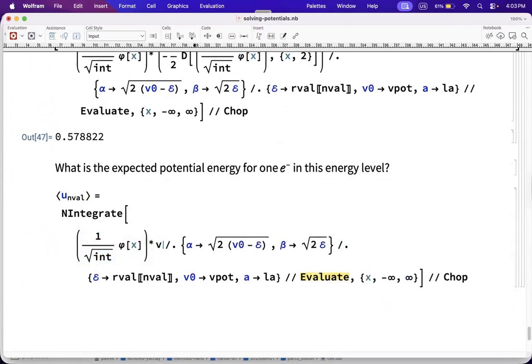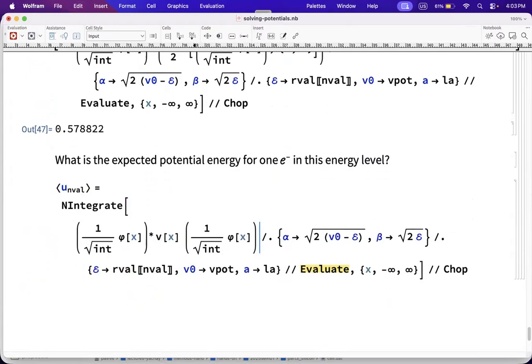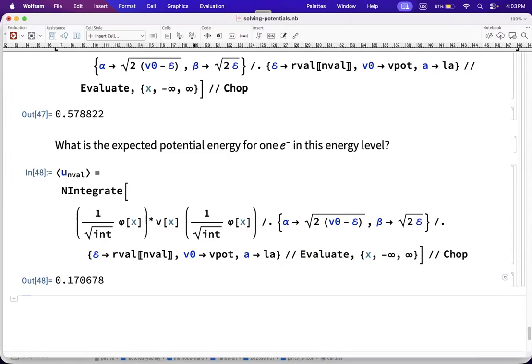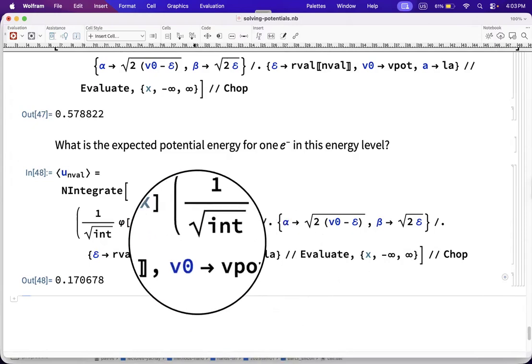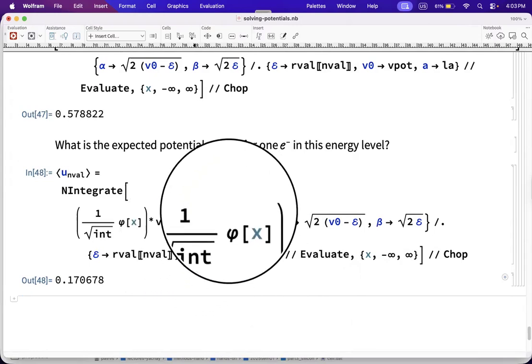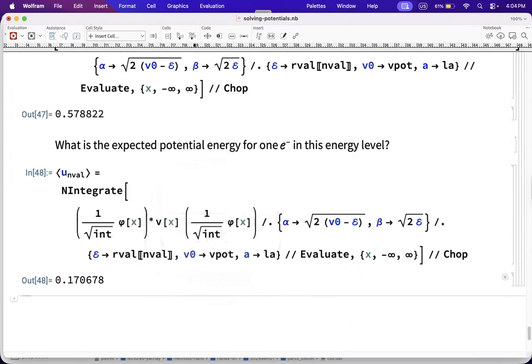And you're going to put V of x multiplied by this. That is the expected potential energy. See? So I erase everything and I put this V of x because the potential was already defined. And I put this back, this will normalize. That's it. So the potential is 0.7.